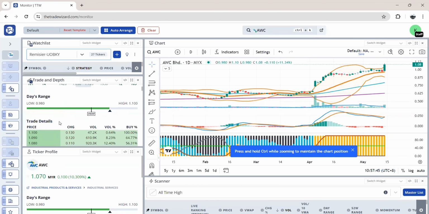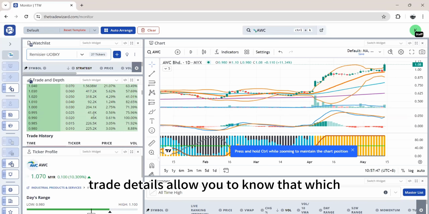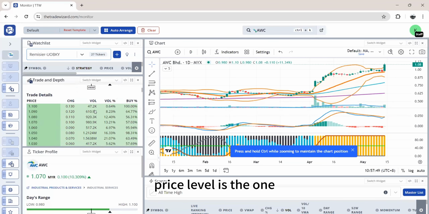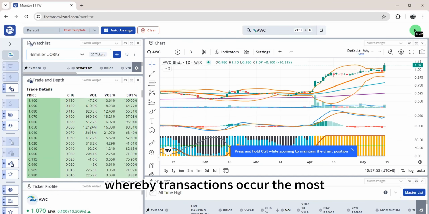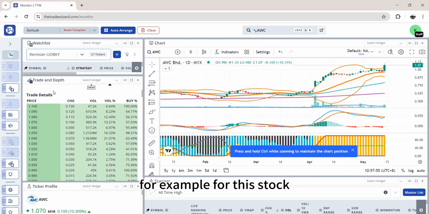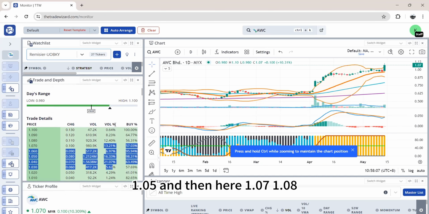And here, trade details lets you know which price level is the one where transactions occur the most. For example, for this stock, you notice that most of the transactions occur around this place, 1.04, 1.05, and then here 1.07, 1.08.